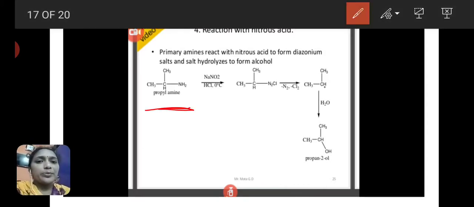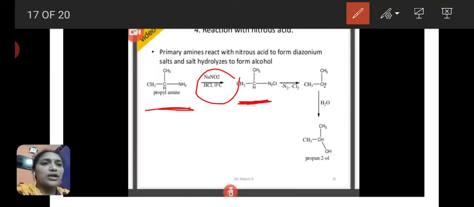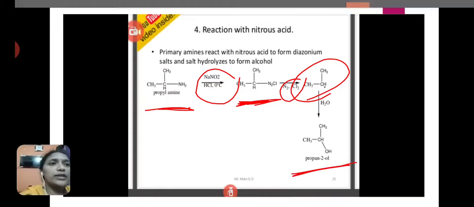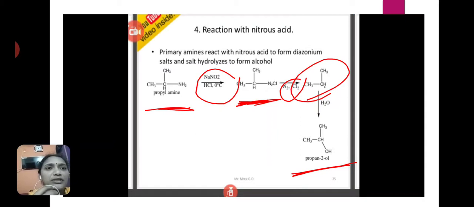Then this diazonium salt loses N2 gas and Cl- and forms a secondary cation. On hydrolysis it is converted to alcohol. This is the reaction with nitrous acid: when primary amines react with nitrous acid followed by hydrolysis, alcohols are formed.